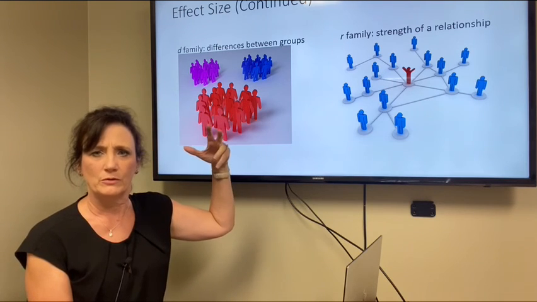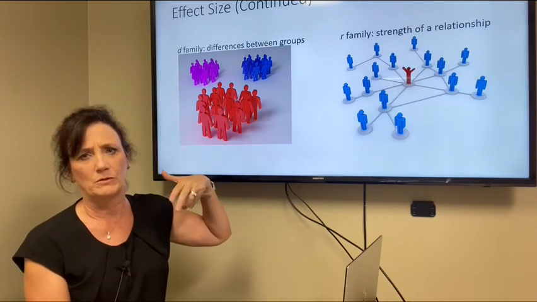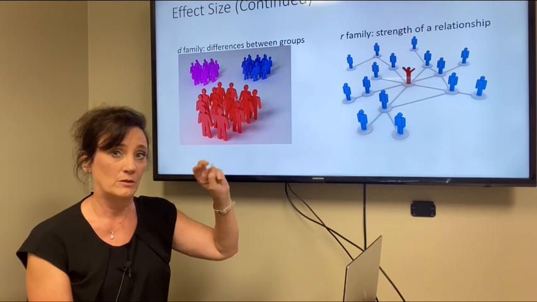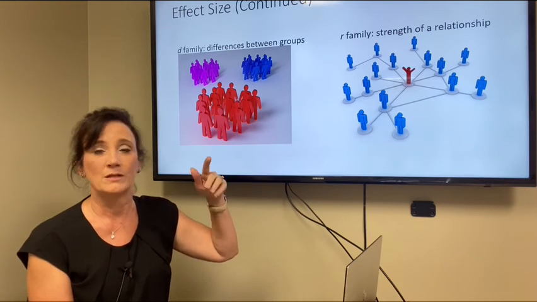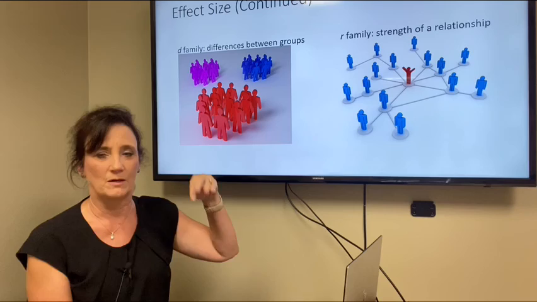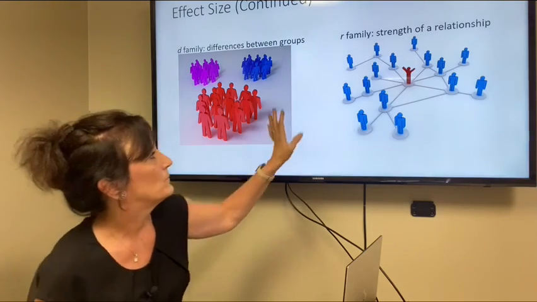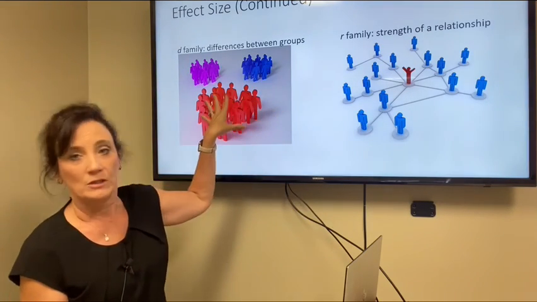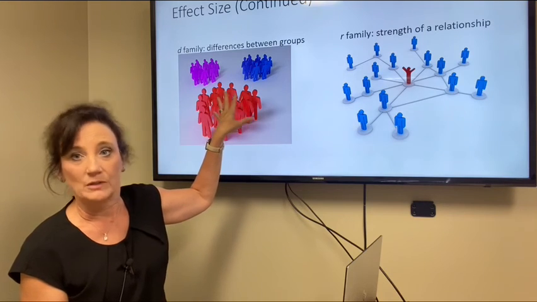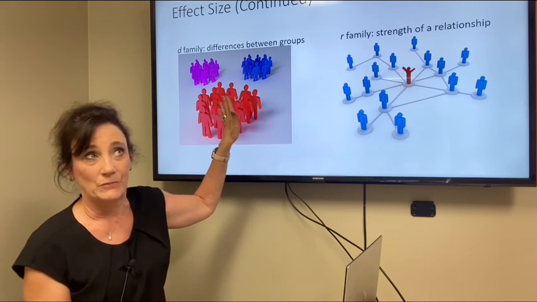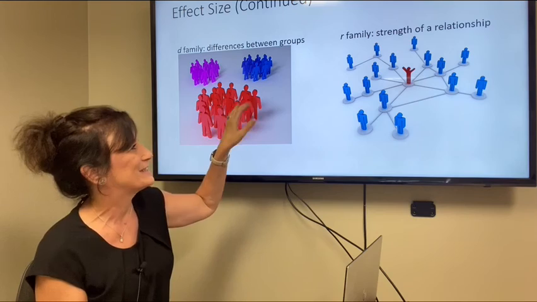So anytime you're looking at a difference between groups or among groups, between for 2 groups, among 3 or more groups, right? You're going to use a D value. And we'll talk more about that in 2 weeks when we do t-tests.